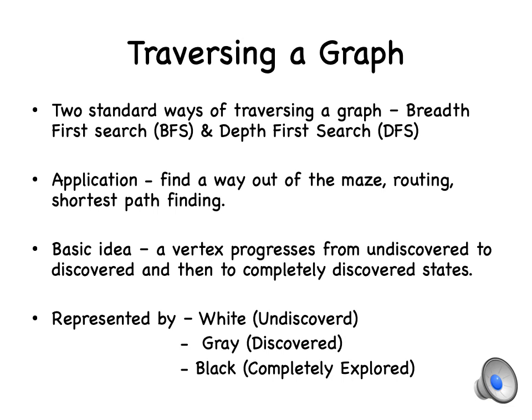The applications fall in gaming as well as in computer networks as well as in practical implementations like Google Maps and so on. The basic idea in both these traversals is that a vertex progresses from an undiscovered state to a discovered state and then to a completely discovered state. In the previous sessions, as in data structures, you learned breadth first search and depth first search using 2 variables known as visited and unvisited. Try to recollect that.